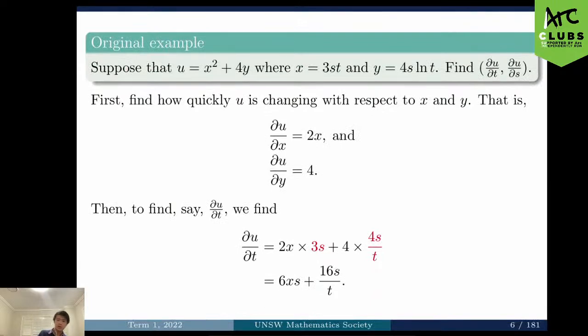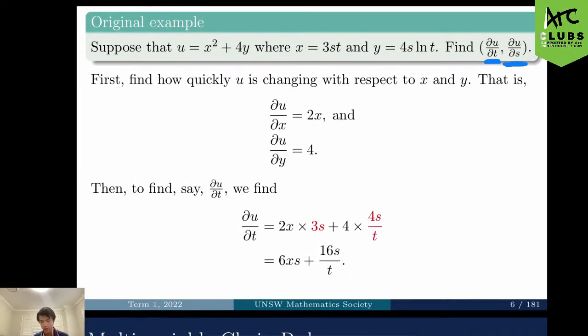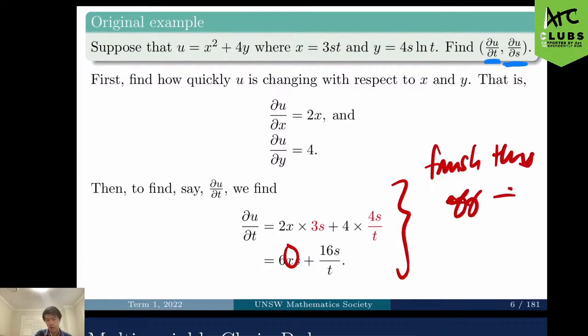But to tell you the truth, right, we're not actually done because the question's asking us to find the derivatives with respect to t and s. Right, and right now we've still got an x in there. That's not very ideal because we were trying to get everything in terms of t and s. And, well, there's actually a pretty simple solution. To finish this off, use our substitution, x equals 3st.